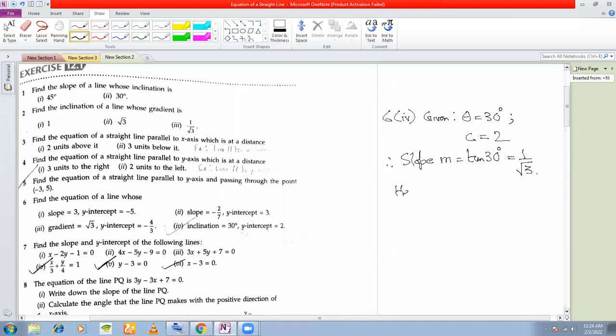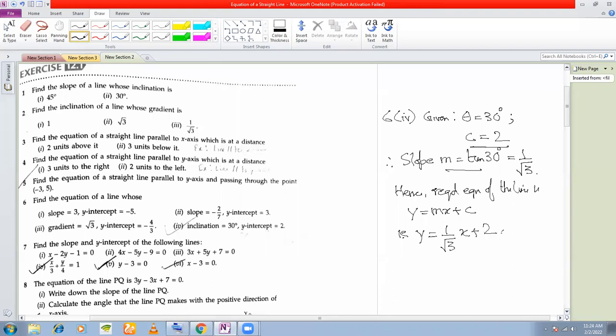So hence, required equation of the line is, you know the slope, you know the y-intercept, use the slope intercept form. Hence, required equation of the line is y is equal to mx plus c from slope intercept form, right? That is, y is equal to, put the value of slope, 1 by root 3 x plus 2.